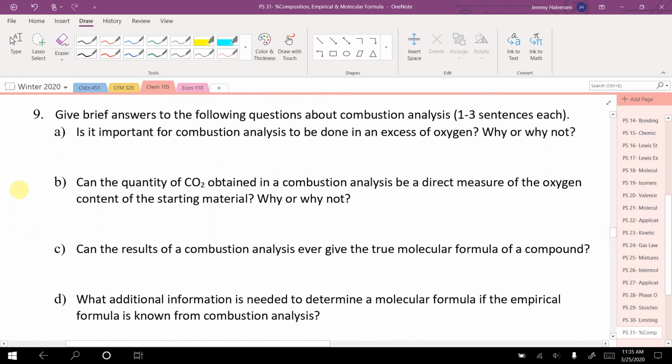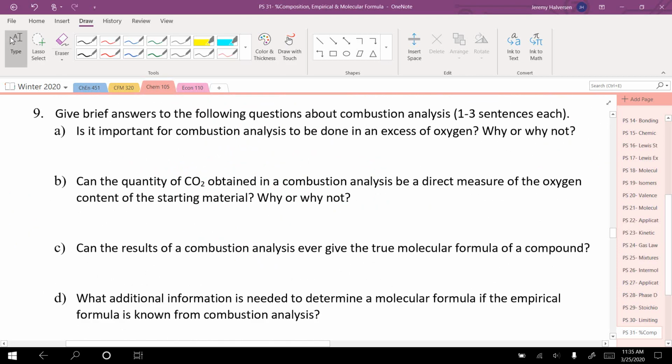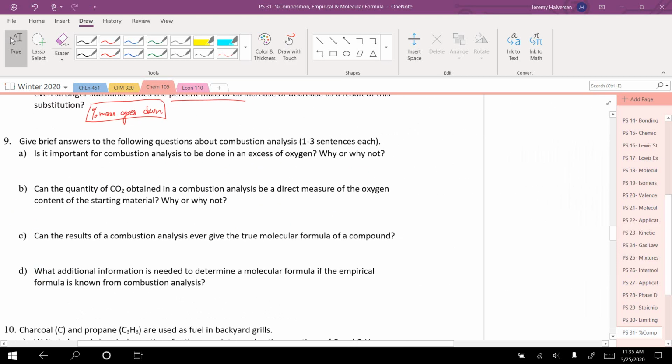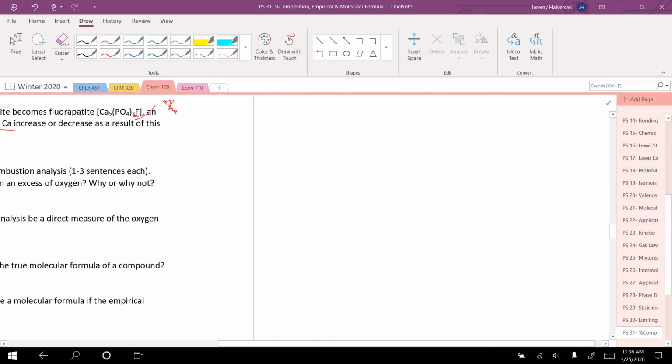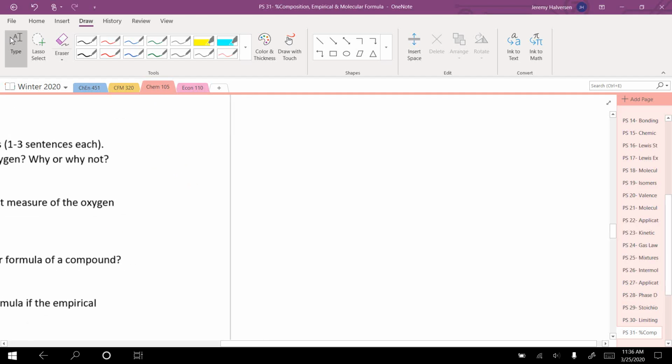All right. Give brief answers to the following questions about combustion analysis. Let's talk a little bit about combustion analysis. We use combustion analysis to identify substances, specifically hydrocarbons, that we don't know much about, or we don't know what they are. So let's say I've just got this powder. What I can do is I can get my powder, I can burn it, I can flood in a bunch of oxygen, we'll call this our O2 valve, put in a bunch of oxygen, burn that hydrocarbon, and then collect all of the gases.